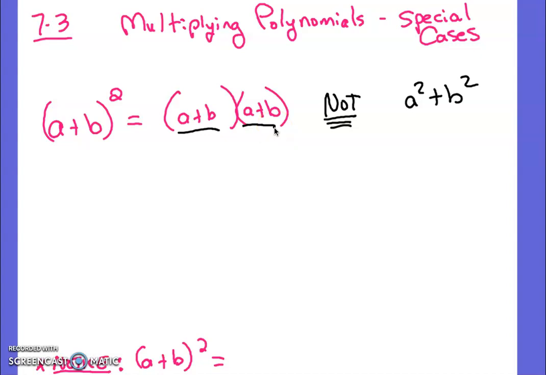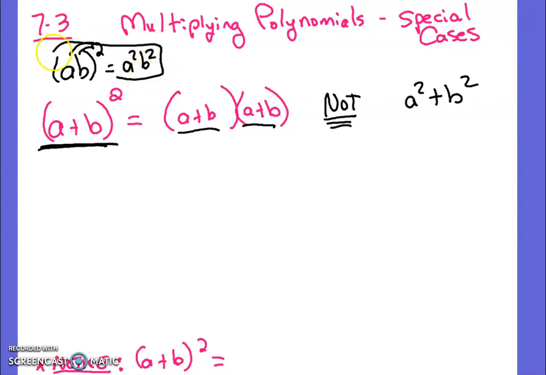Now, a common mistake is a lot of students, when they see this problem, will think it means like this. A lot of students think it's like the distributive property and they'll write a squared b squared, which is correct. That's how you do that.